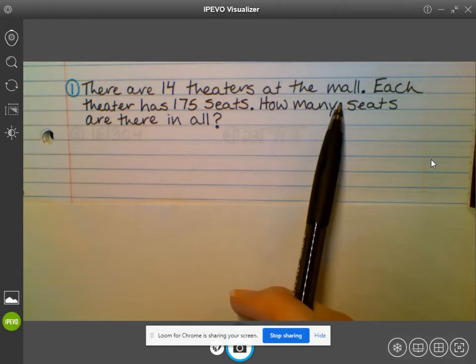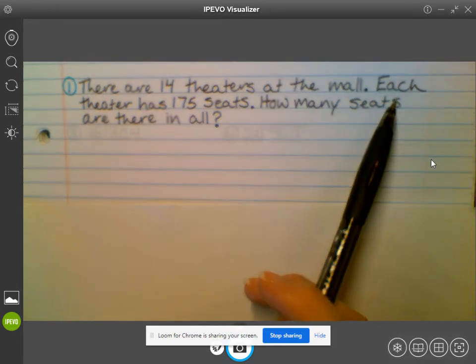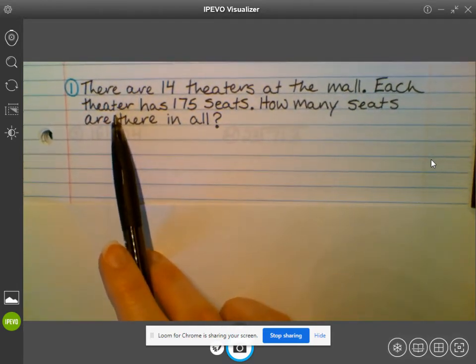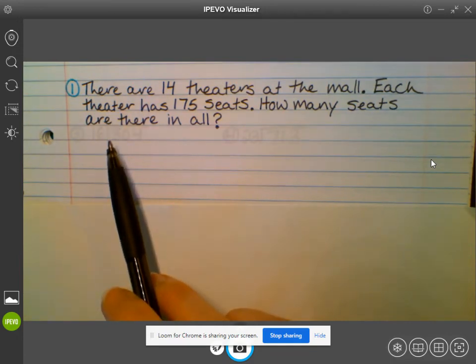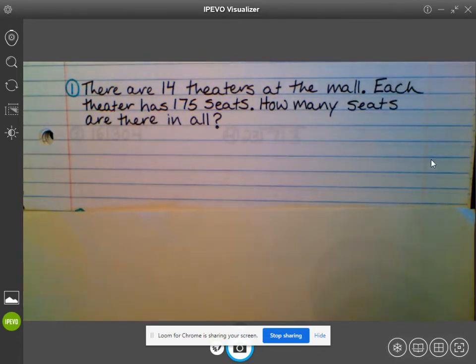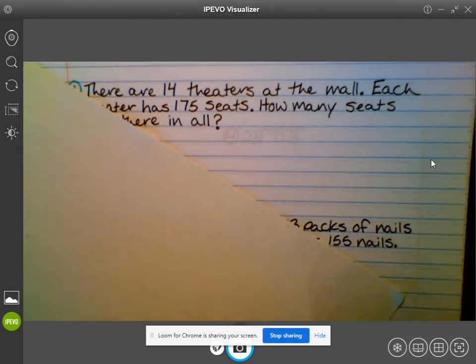Second sentence. Each theater has 175 seats.